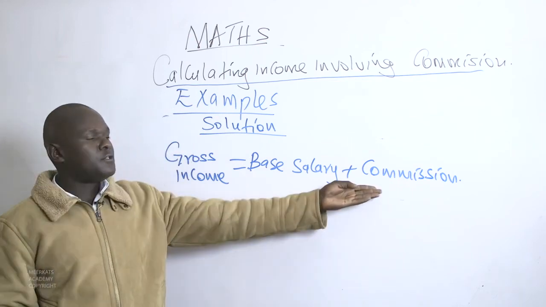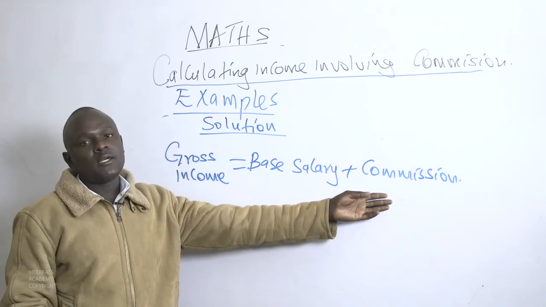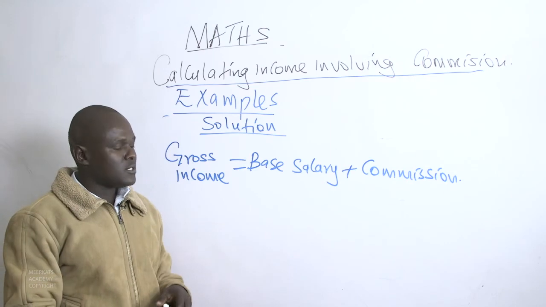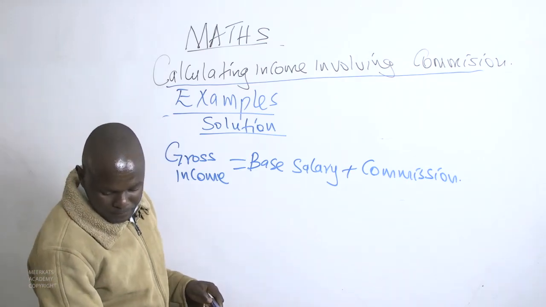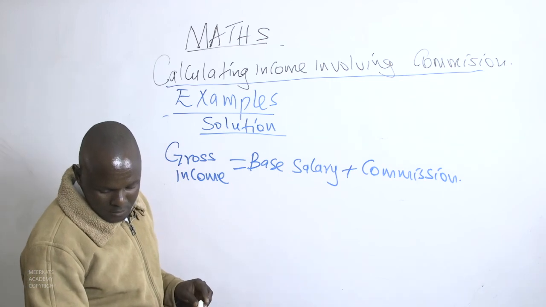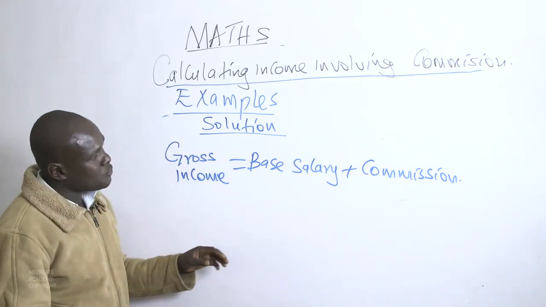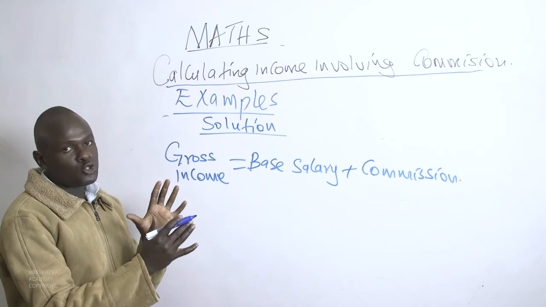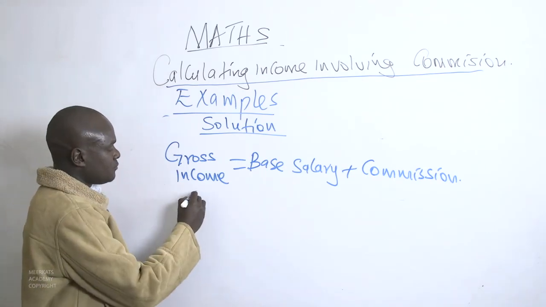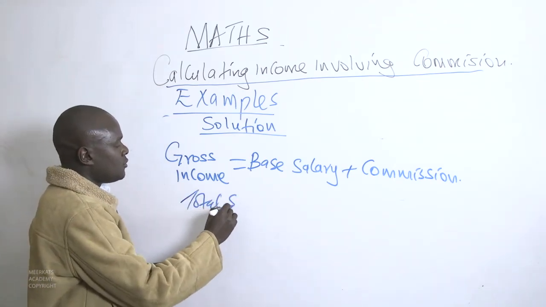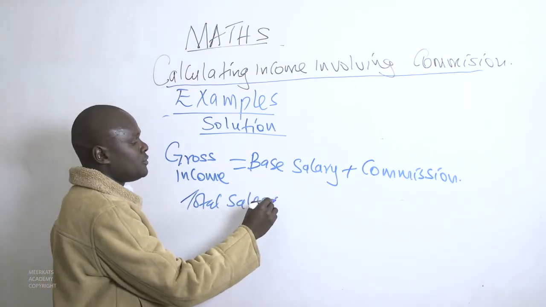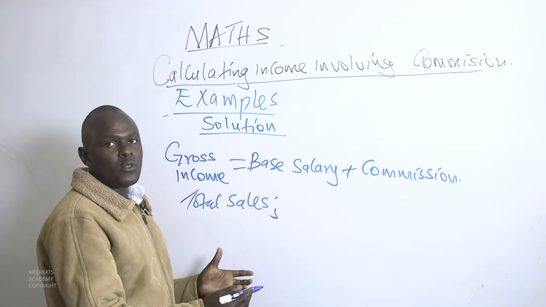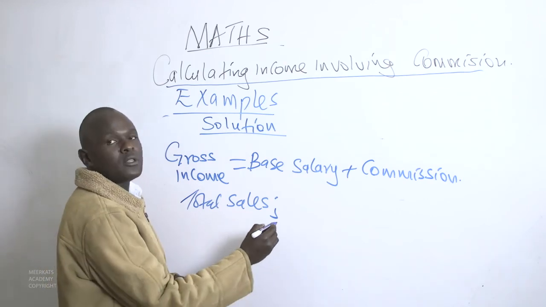And remember the definition of the term commission, which is basically a percentage of the total sales that will have been made in that particular period. For us to get the commission, we need to get the total sales. These total sales will be obtained after adding all the sales throughout the week.